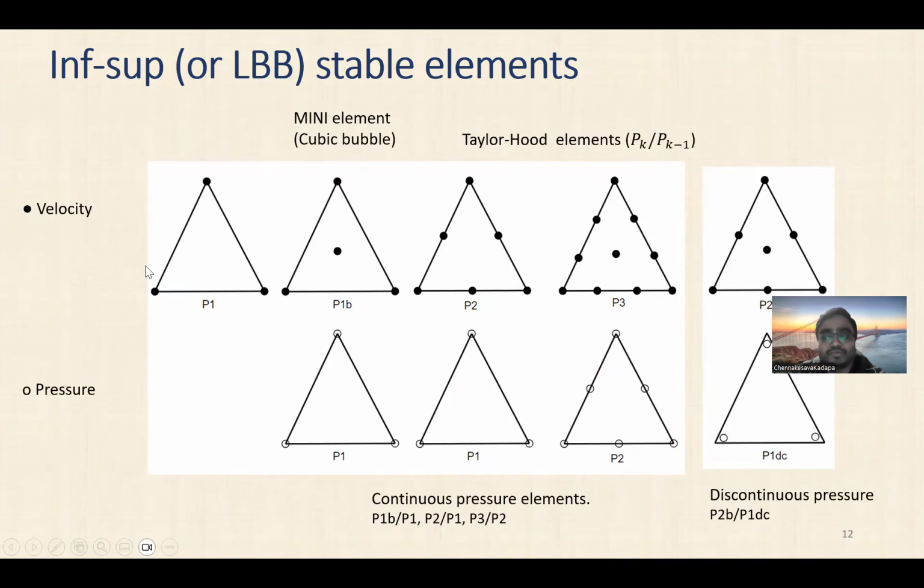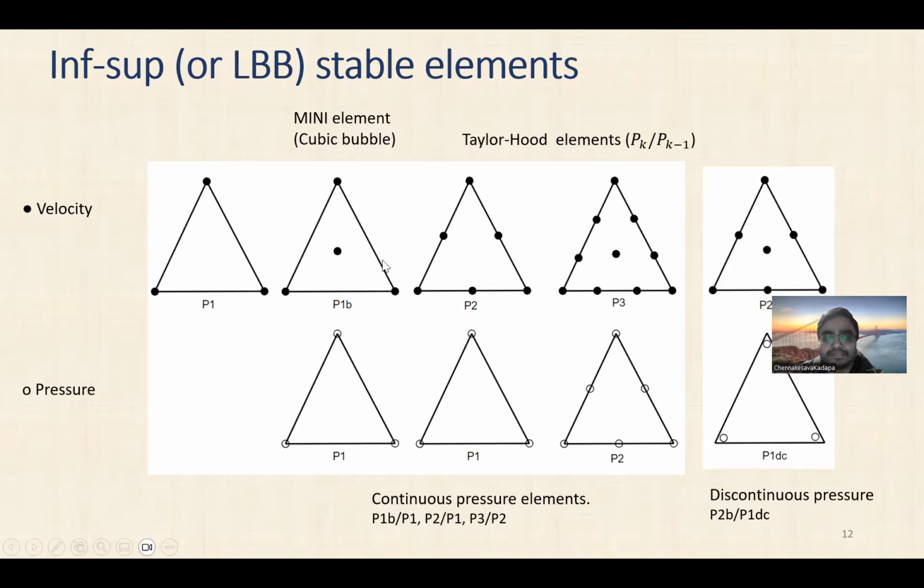If we were dealing with triangular elements, we have what are called Taylor-Hood elements, and another famous element called the mini element. In the mini element we have a 3-node triangular element enriched with a cubic bubble, which is why it's called P1B.